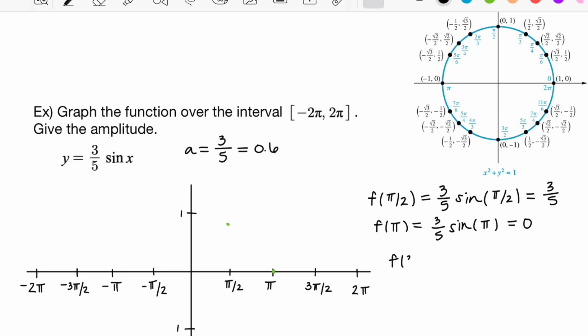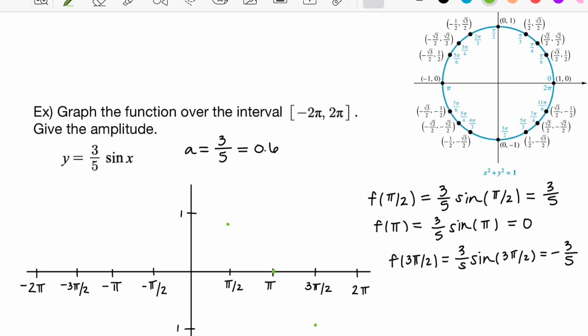Plugging in 3 pi over 2, 3 pi over 2 is here on our unit circle, and our y value is -1. So we'll get -3/5 here. So at 3 pi over 2, we'll have -0.6, so maybe right about there.